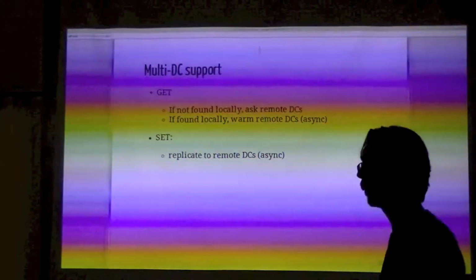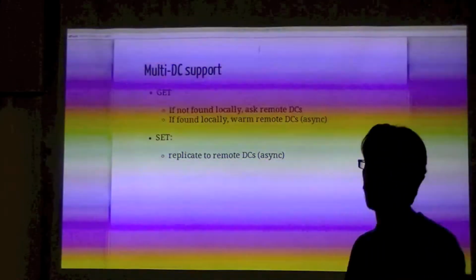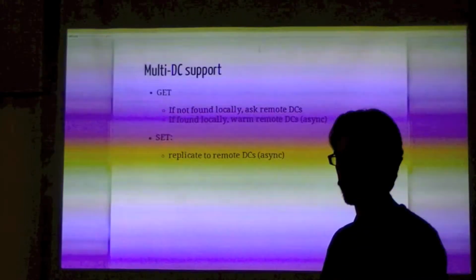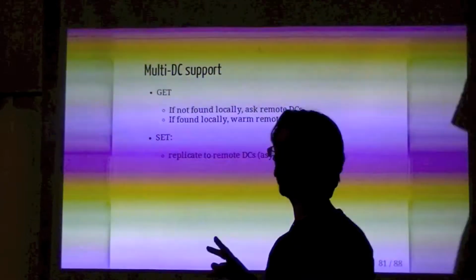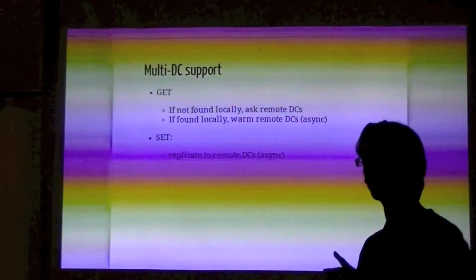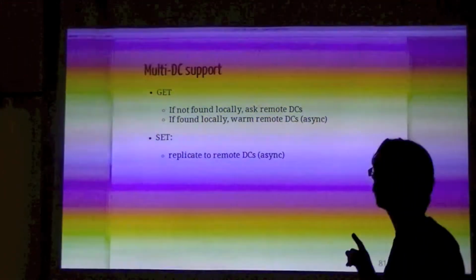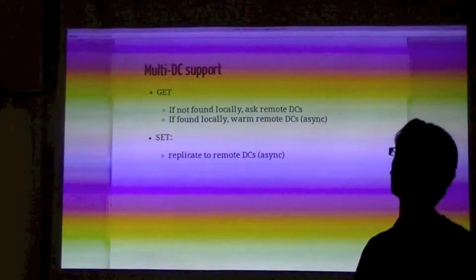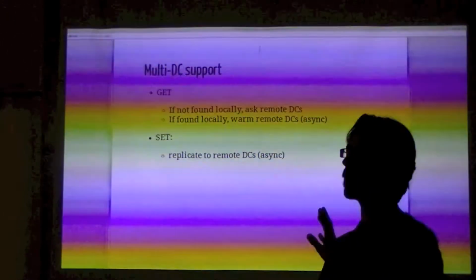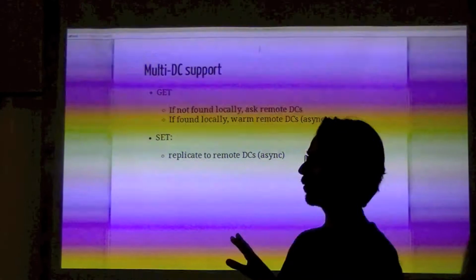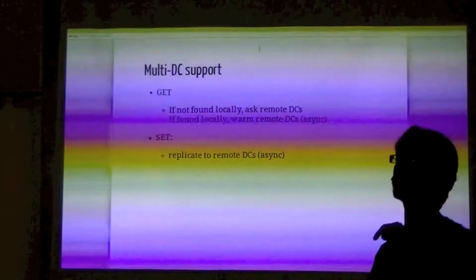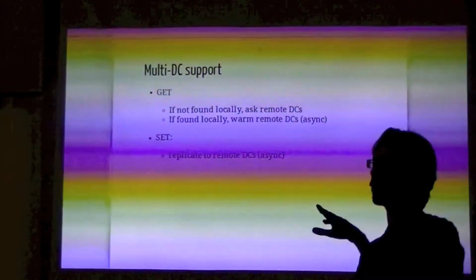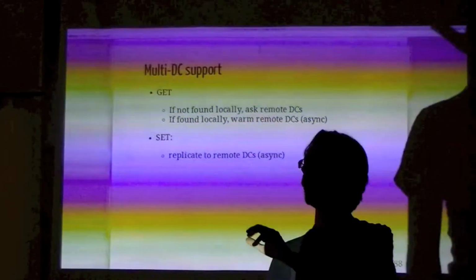If we have to go to MySQL, it bumps to about 12 to 17 milliseconds. If we have to go cross DC, if it is in the remote DC's Redis, then we jump up another, I think, 22 to 24 milliseconds, and if it's in the remote DC's MySQL, then we're at 20 to 28 milliseconds.